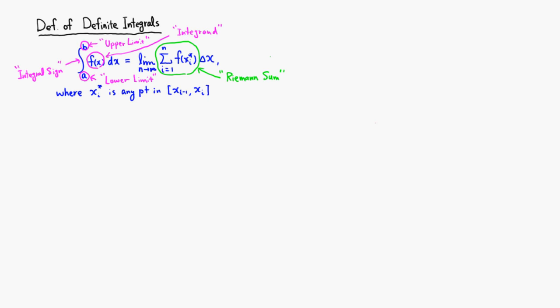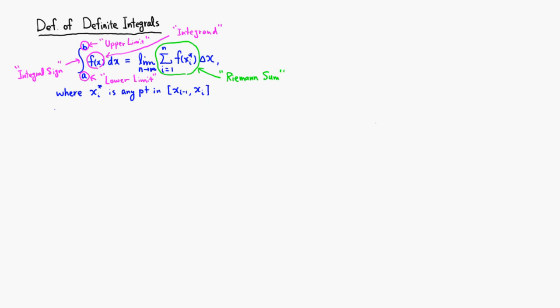So this is the definition of definite integral, and you can think of it just like the area under the curve, but if the function curve goes below the x-axis, it turns out to be a negative value. For ease of notation, a lot of times instead of using xi star, we're going to use xi. So we're going to basically use the right sum.